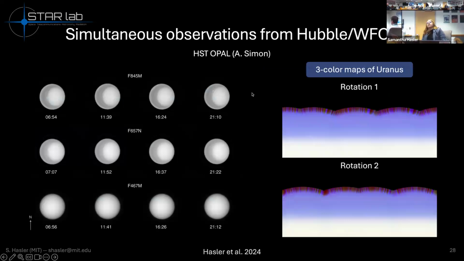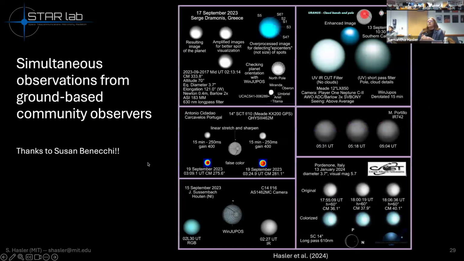The other unique feature of this work is that we have simultaneous observations from Hubble. On the left-hand side, I'm showing you some of those for Uranus, going from bluer to redder wavelengths from the bottom to the top. You can see that the polar cloud feature starts to become more prominent. And then we have these nice 3-color maps for both the rotation periods that Hubble covered. We also have some simultaneous observations from ground-based community observers.